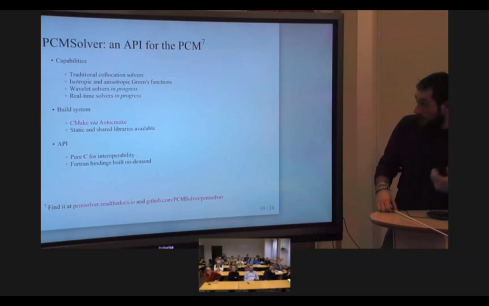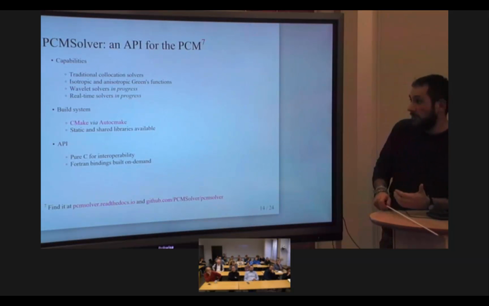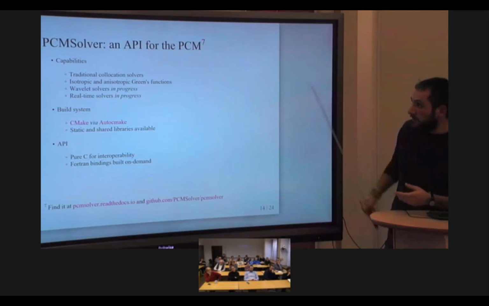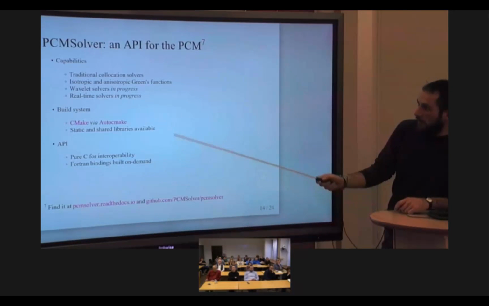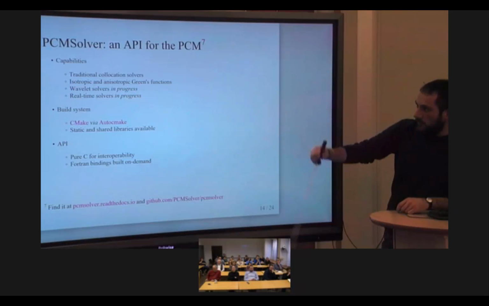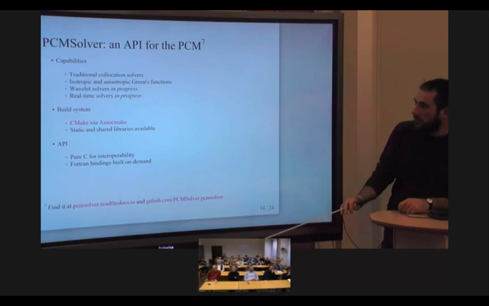So what can our module do at the moment? We have the traditional collocation solvers that are also available in Gaussian. We have isotropic and anisotropic Green's functions, and we have work in progress on wavelet solvers, and I will show you an example of that later, and on a real-time solver.